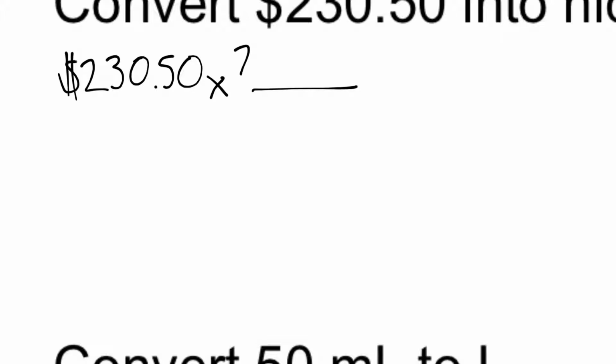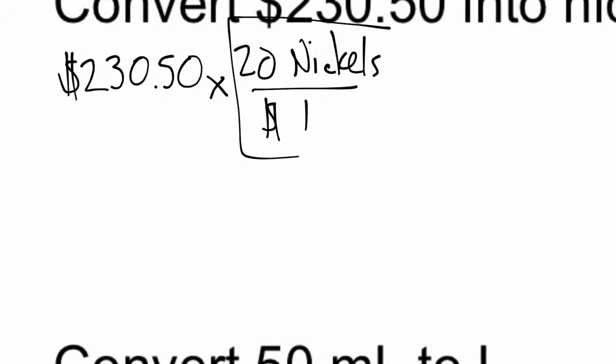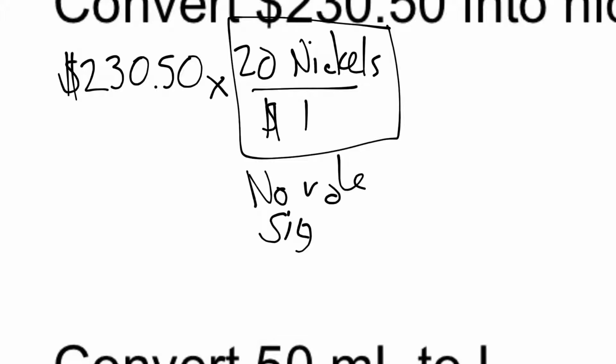So I know there are 20 nickels in $1. You guys know that, hopefully, if you've had enough interaction with money. So this is an exact value, not a measured one. It's kind of a man-determined one, or a man-accepted one, or woman-accepted one. The idea is that we accept it as true. It's not a measurement, so there's no role in sig figs with this. It's only what is measured.